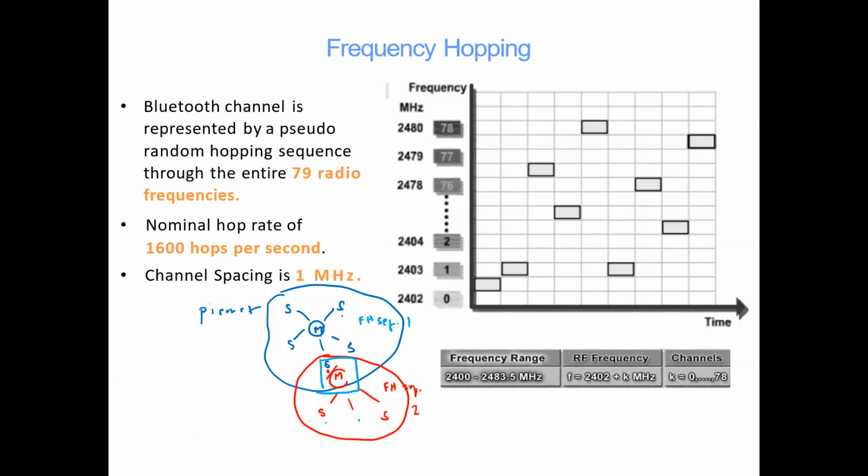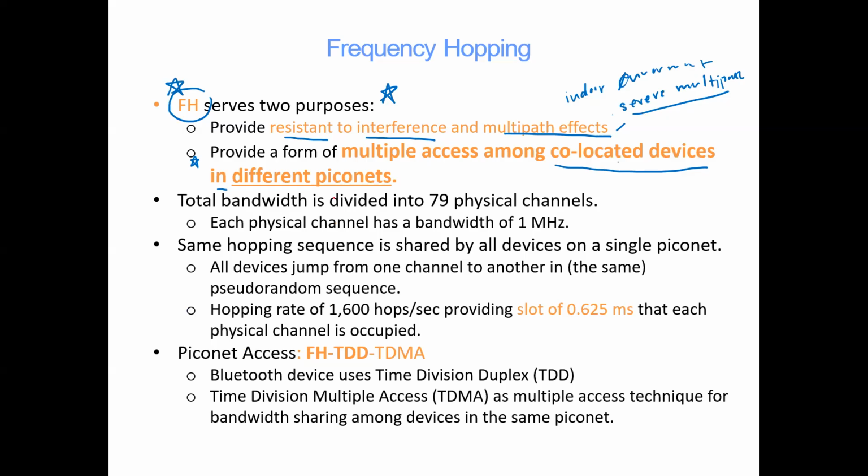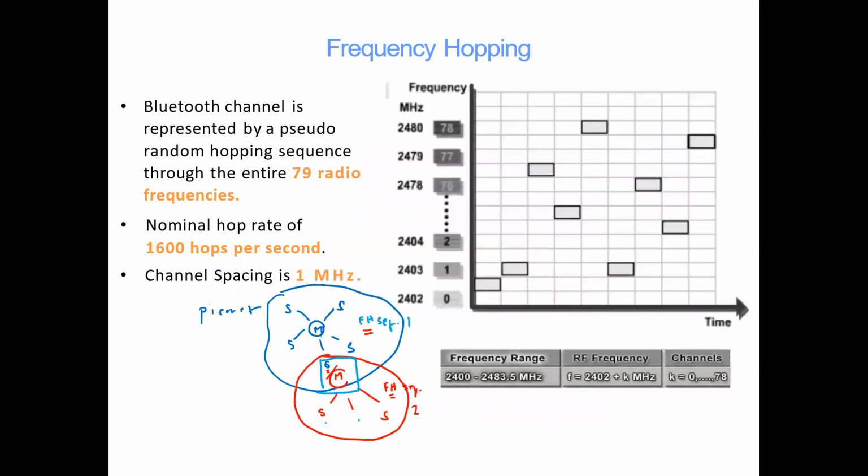So frequency hopping is used in Bluetooth Classic to allow multiple access among co-located devices in different piconets. The device can belong to many piconets, so multiple access means this device can go through different networks. This is used to distinguish between these two networks. It's similar to the Wi-Fi that I explained before.